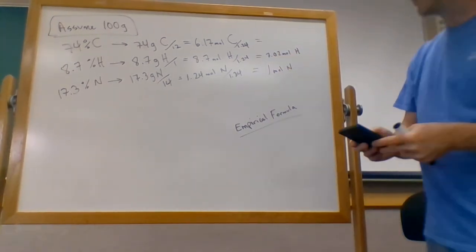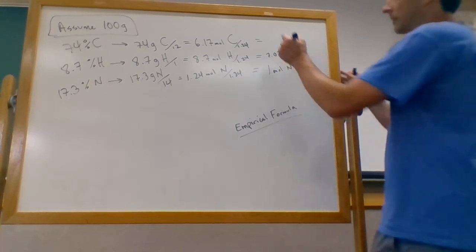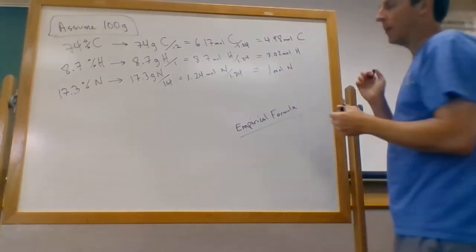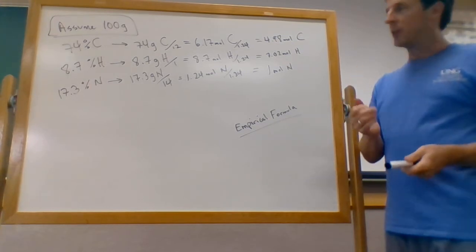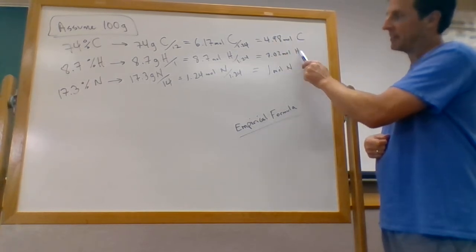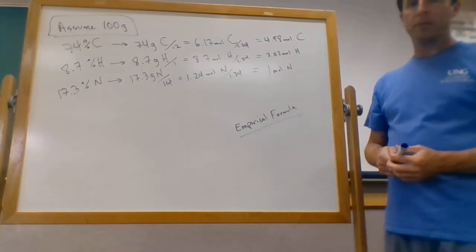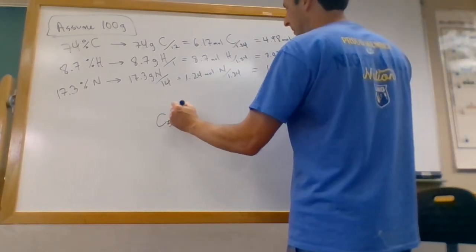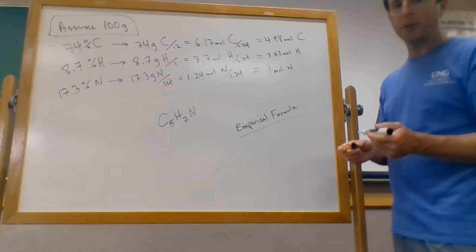And then carbon is 4.98. Now, any of these that are really close to whole numbers, I can round off. So this one's basically 5, that one's basically 7, that one's basically 1. If they're all really close to whole numbers, I can just write my formula and I'm done. So for this one, it's going to end up being C5H7N, and then the 1 is understood, so you don't have to put that one.